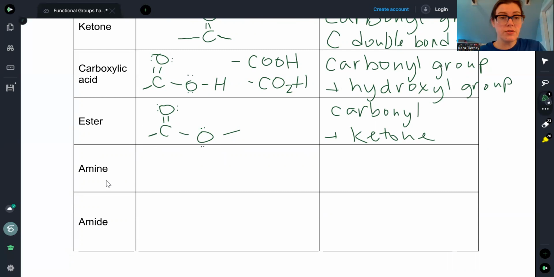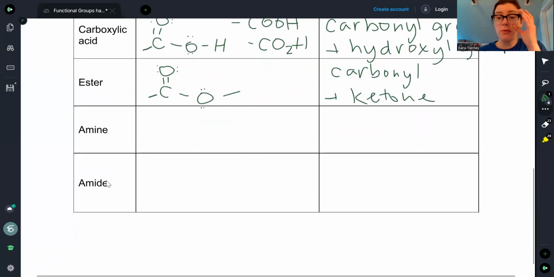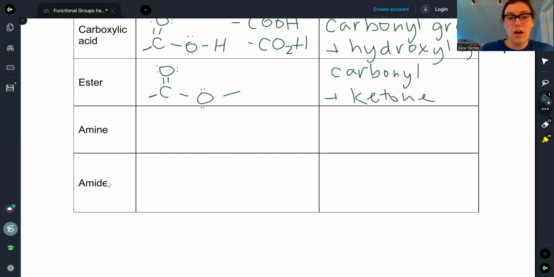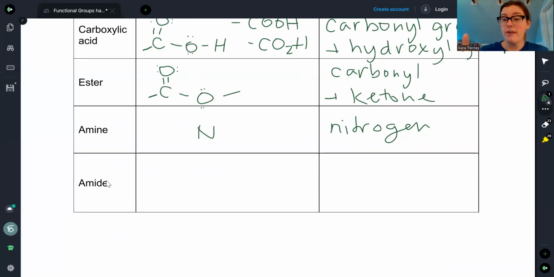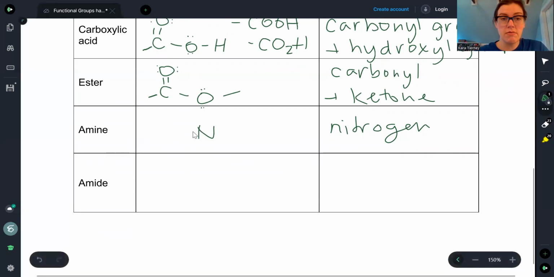We have 2 more functional groups left, and these are both involving nitrogen. So amines are simply a nitrogen. If you see a nitrogen, you've got an amine. Let's talk about nitrogen and how it bonds. Nitrogen's in group 5A, which means it's 3 bonds away from its octet, its 8 valence electrons, and it has 1 lone pair.